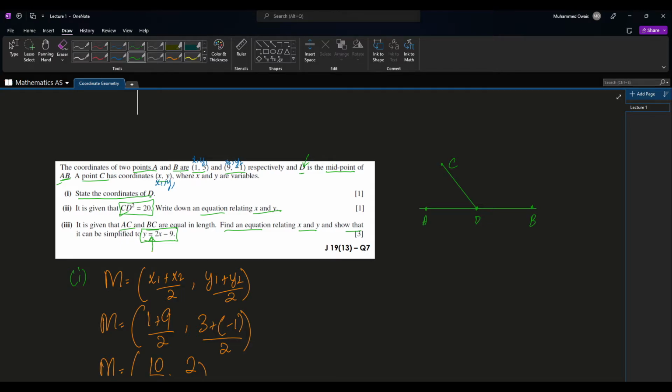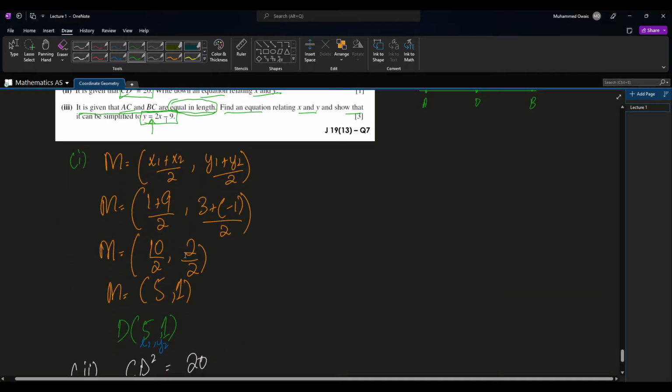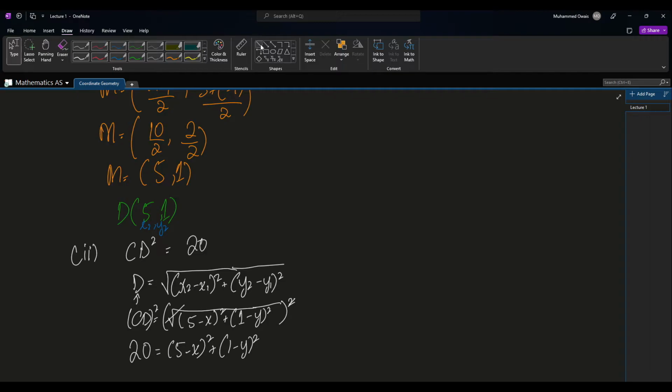Alright, now then, how do we solve this? Let's see the first part of this question. They are telling us that AC and BC are equal in length. They are saying that if you find the distance of AC and BC, both of them will be equal in length. So let us find the distance of AC and BC.